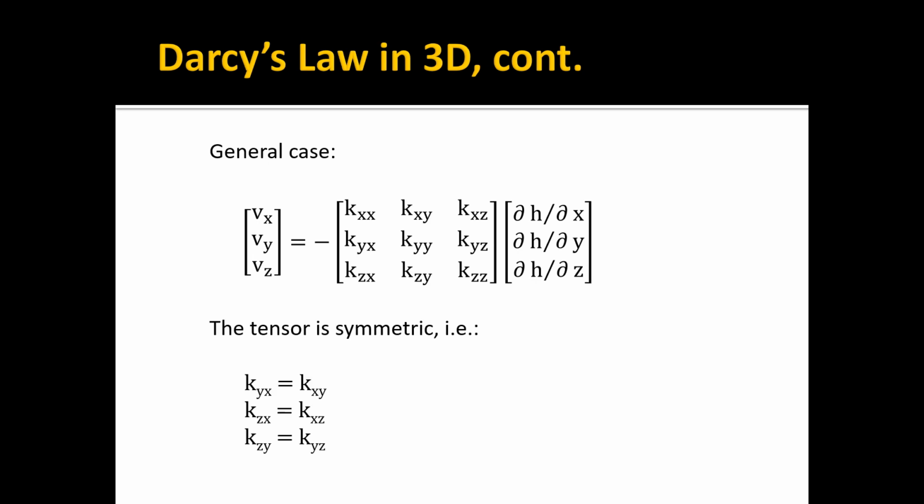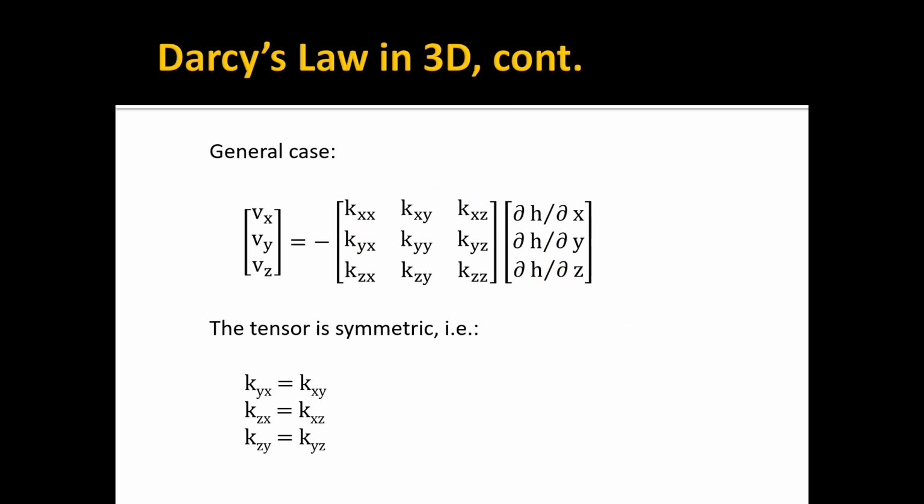And again, the tensor is symmetric about the diagonal, so Kyx is equal to Kxy, Kzx is equal to Kxz, and Kzy is equal to Kyz. Furthermore, in this case, the individual terms would be, for example, Vx would be equal to minus Kxx times del h del x, minus Kxy times del h del y, minus Kxz times del h del z.